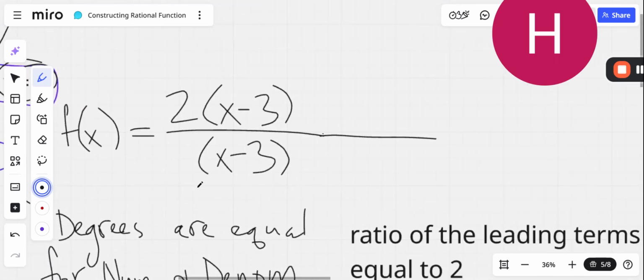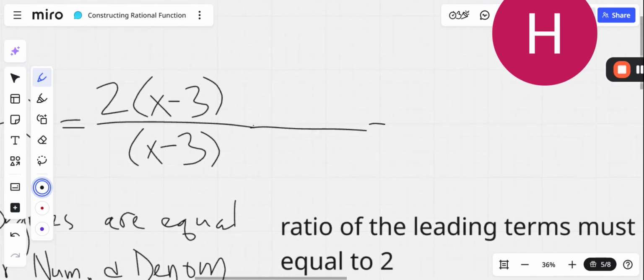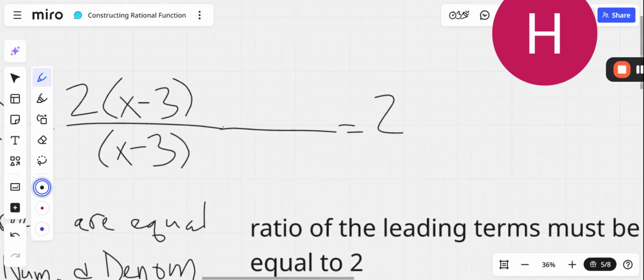So are we done? Because this looks like a really easy function. And you'll notice that I extended the fraction, suggesting there's a little bit more to it, guys. Yeah, we're not done. Because if I were to simplify this and just call it 2, comma, x does not equal 3, that would just be a straight line. And it would not have the correct horizontal asymptote.